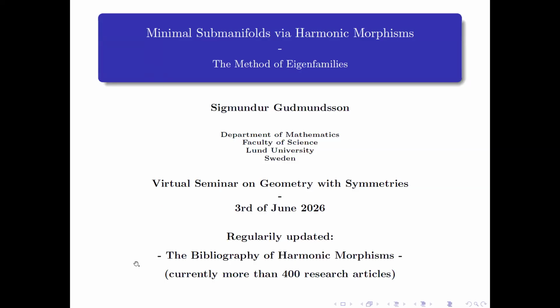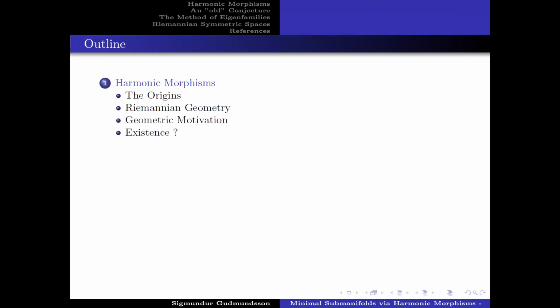And just to make some propaganda, the bibliography of harmonic morphisms is a bibliography that I have been running for 40 years. If you're interested, you could have a look at that, just Google it, and there are many things there.